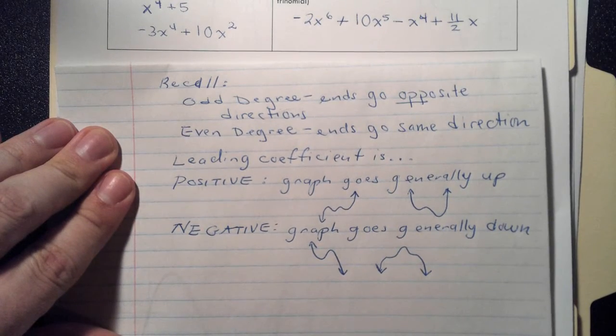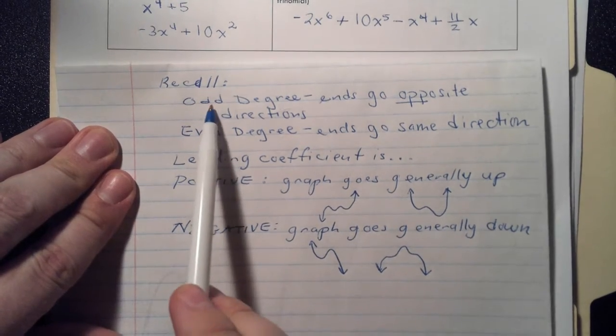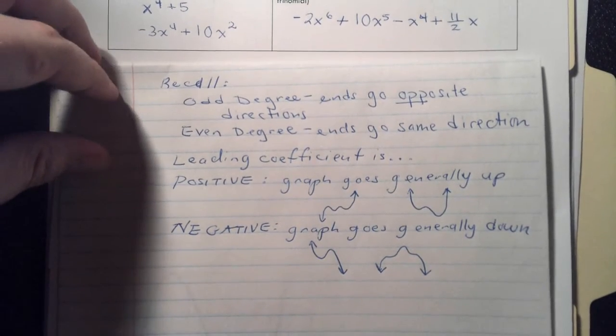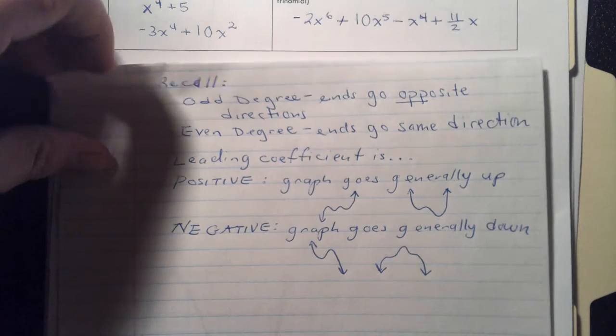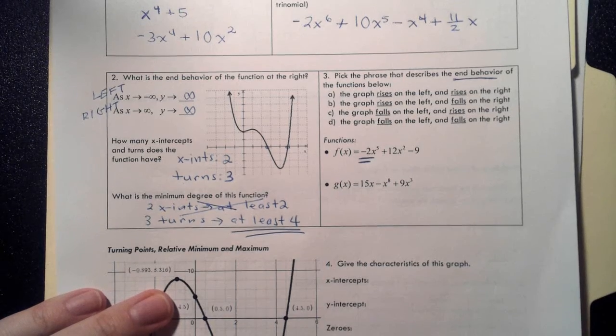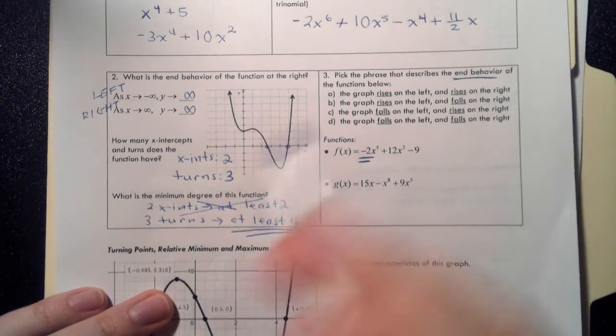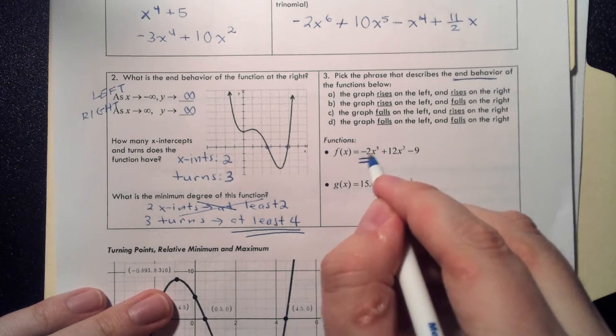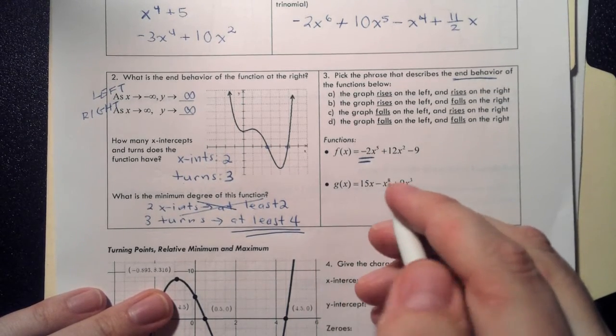So we remember these things: what an odd degree means, an even degree, and what the sign of the leading coefficient tells us. So going back here, if my function is negative 2x to the fifth plus 12x squared minus 9, well, I have here an odd degree polynomial because 5 is odd, and my leading coefficient is negative.